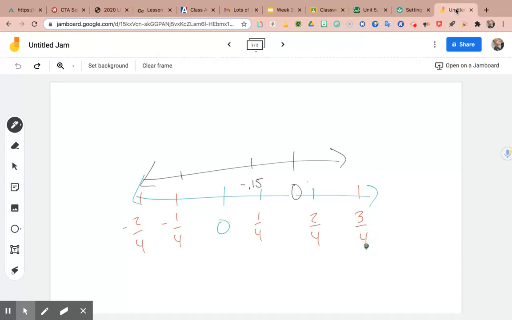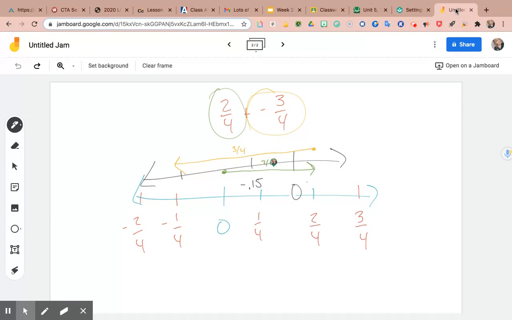So it was 2/4 plus negative 3/4. All right. The first number means I'm going to go from 0 and I'm going to go to the right 2/4. And the second number is negative 3/4. So I'm going to start where I left off, and I'm going to go 1, 2, 3/4 to the right. So 3/4 to the right, 2/4 to the left.